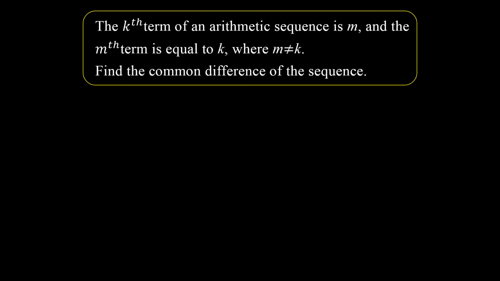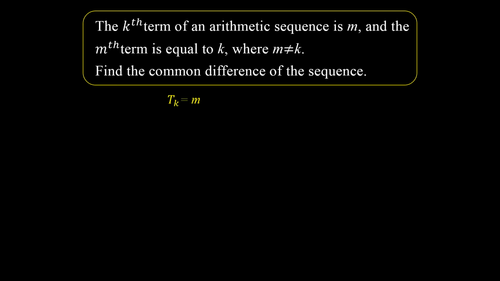Look at this beautiful question. The kth term of an arithmetic sequence is m, and the mth term is equal to k, where m is not equal to k. Find the common difference of the sequence. Beautiful question. Kth term.